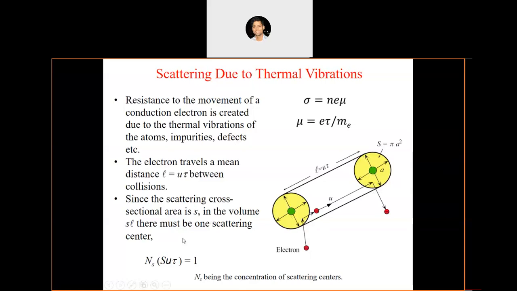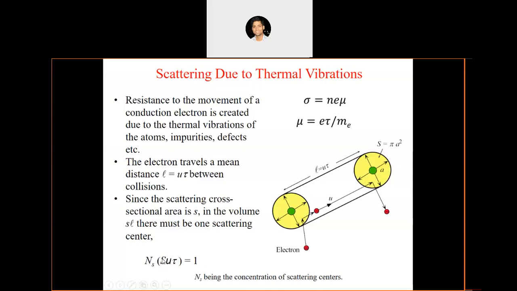That will mean n_s, which is the concentration of scattering centers, multiplied by the volume, which is S U tau. U tau is the length of this cylinder, and S is the cross-sectional area. So S into U tau is the volume traveled by the electron, and in that volume we can have only one scattering center.